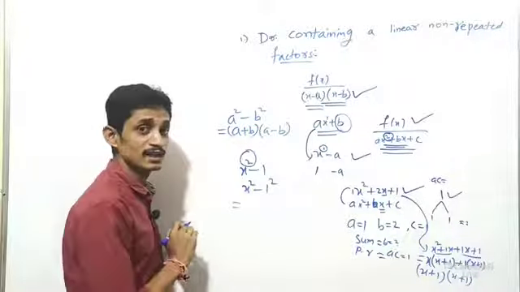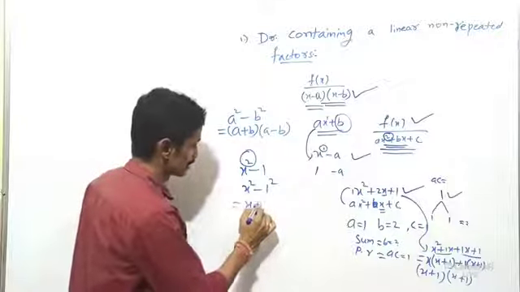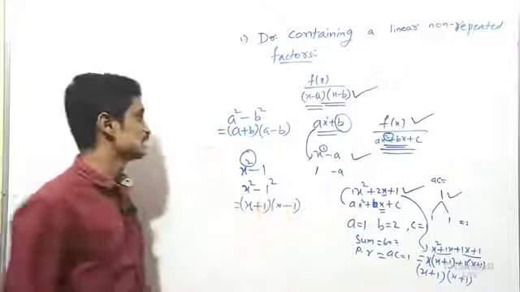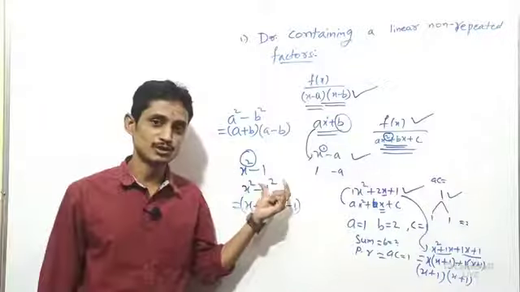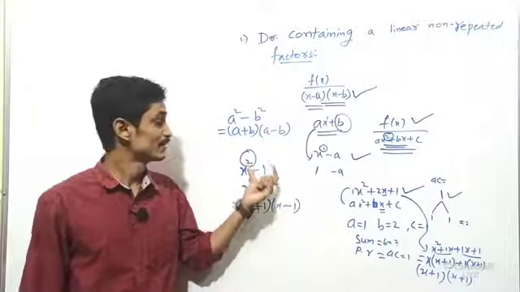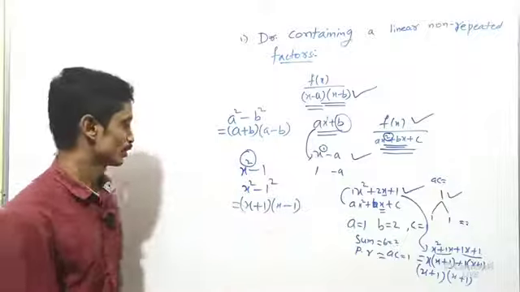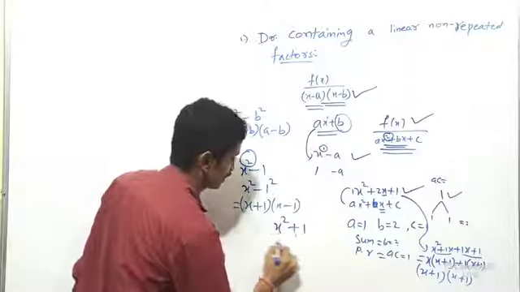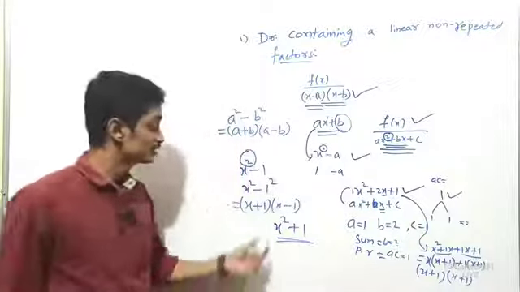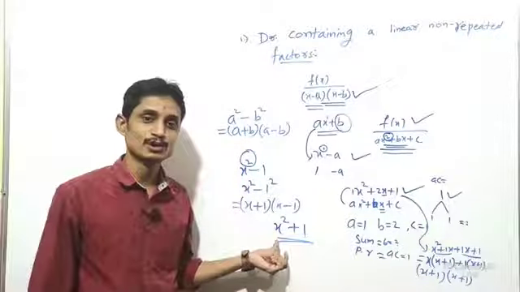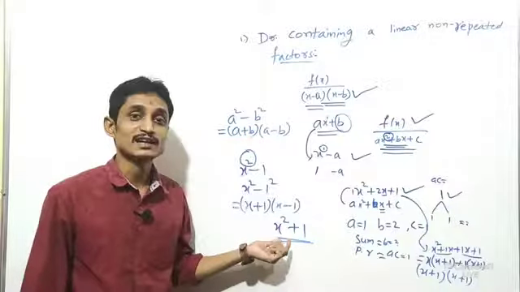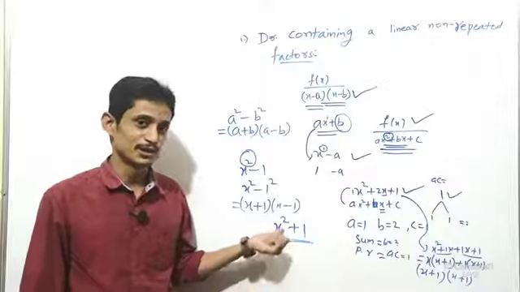So how can we arrange this one? That is x plus 1 into x minus 1. Such quadratic polynomials are called factorizable quadratic polynomials. In case x square plus 1, if I write, this type of quadratic polynomial is called a non-factorizable quadratic polynomial.